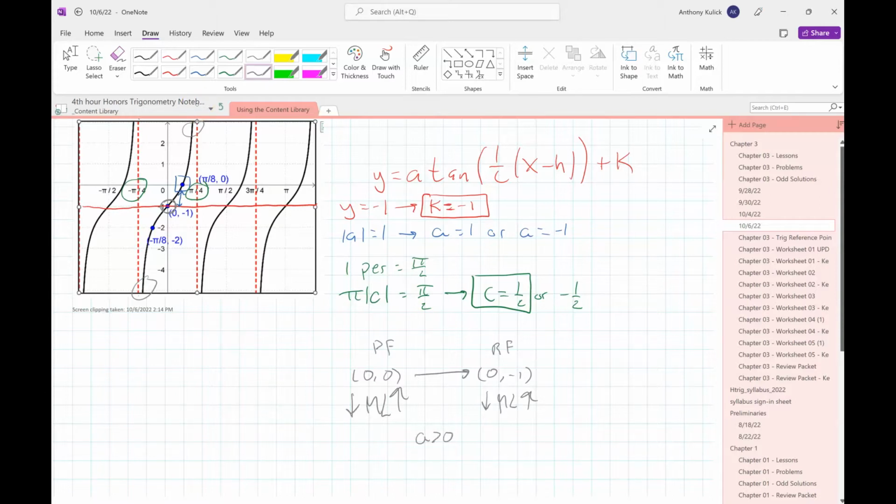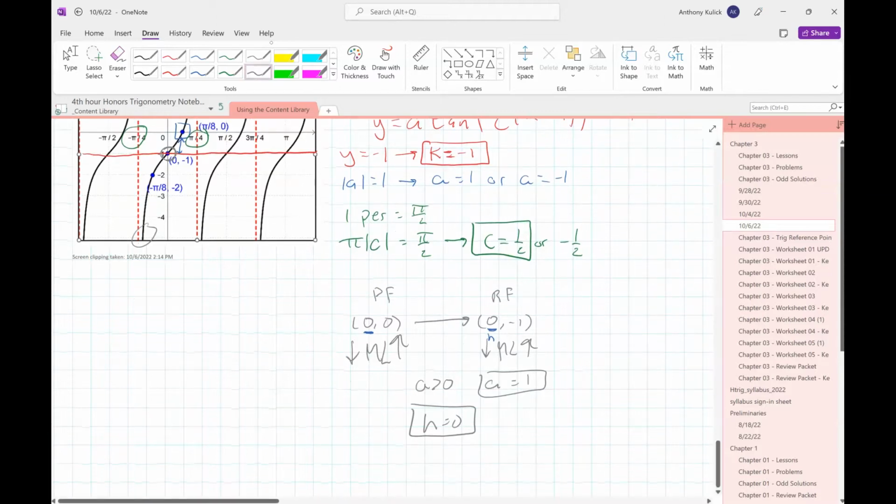A is positive. And since the x-coordinate from our parent function is 0, the x-coordinate in our resultant function is h. So that tells me that A has to be positive 1 and h is 0. And I'm all done.